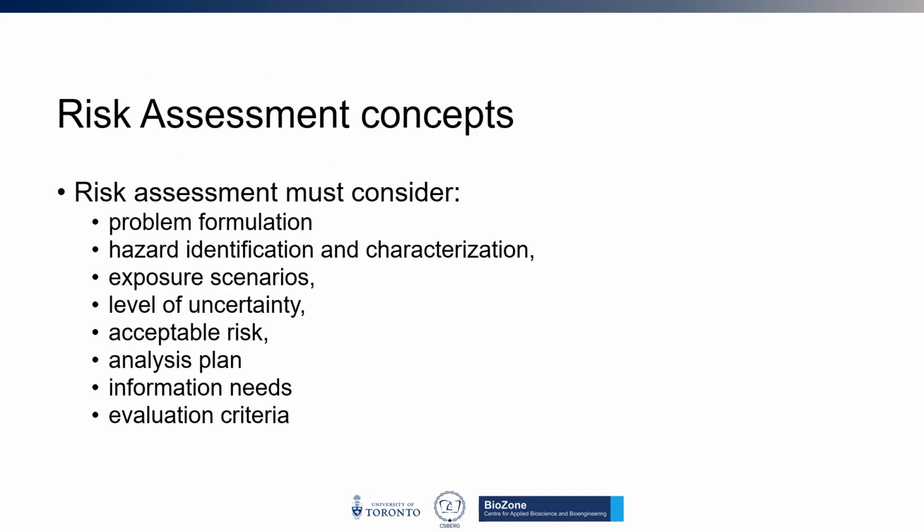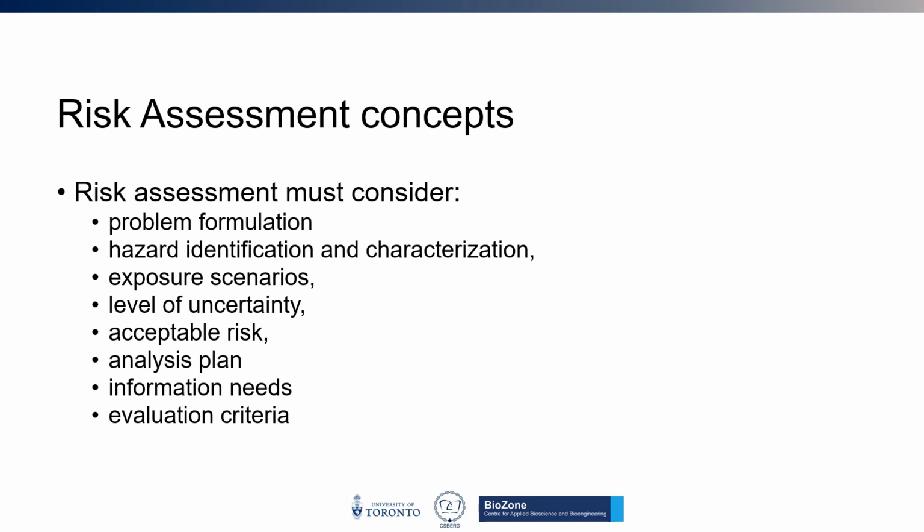So the key concepts we'll be discussing are problem formulation, which is very much identifying what the risks are for a particular technology and how you're going to go about assessing them.